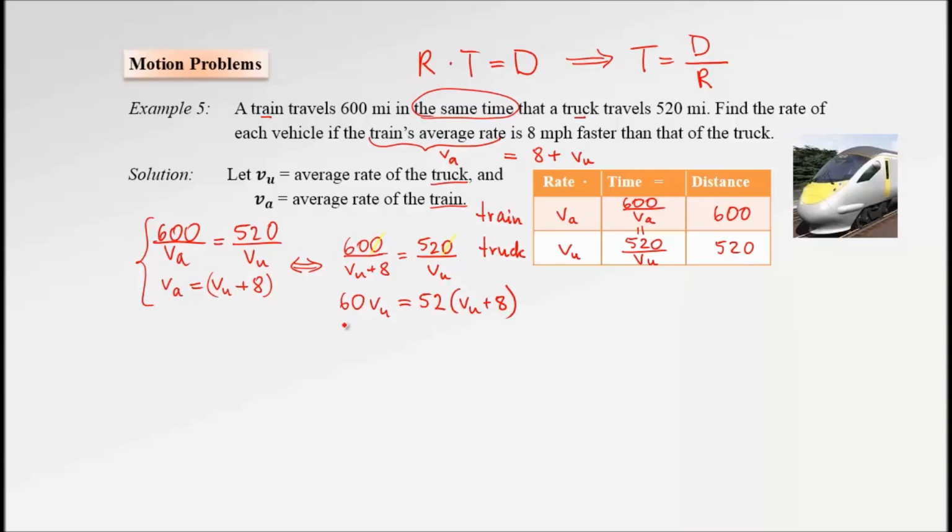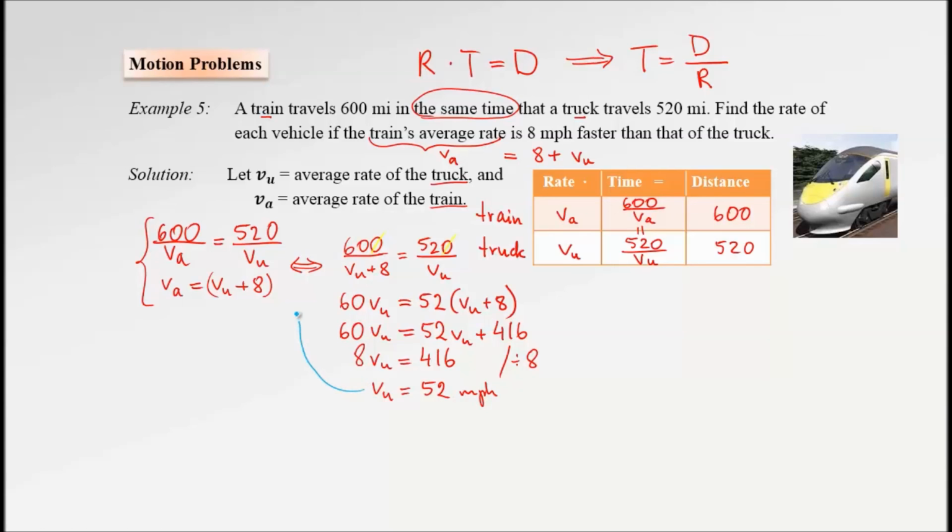And then when we open the bracket, we get 60 VU equals 52 VU plus 8 times 52, which is 416. Finally, when we subtract 52 VU from the other side, we have 8 VU equals 416. And after dividing by 8, VU becomes 52. So the average rate of the truck is 52 miles per hour.